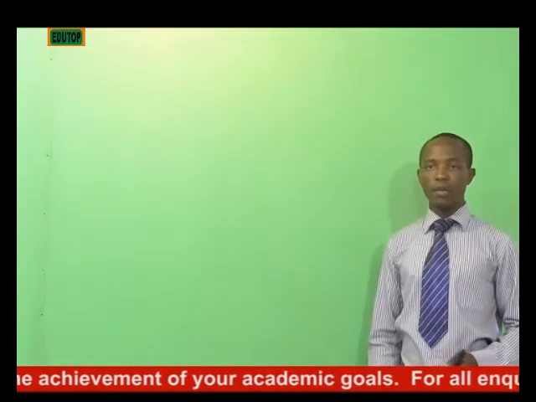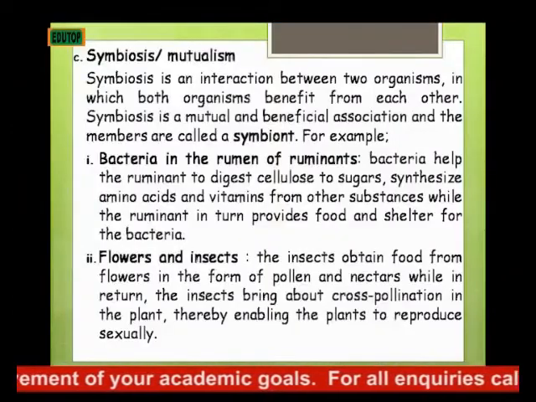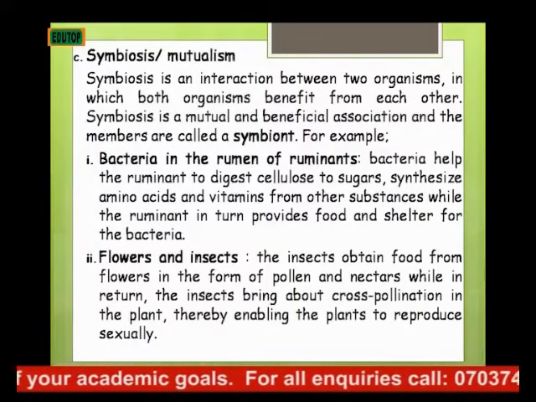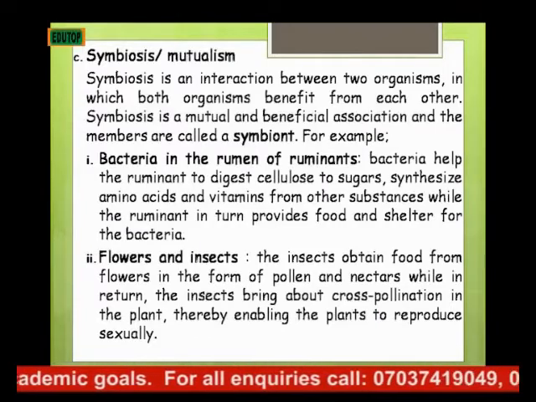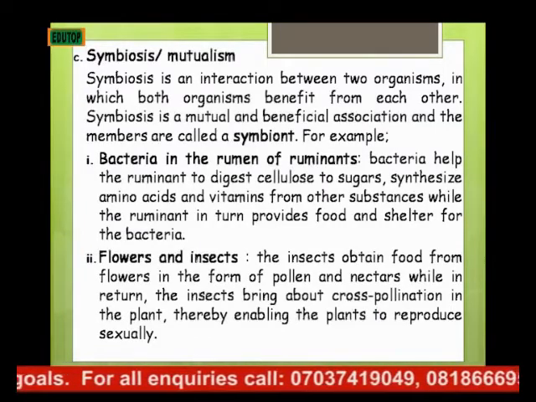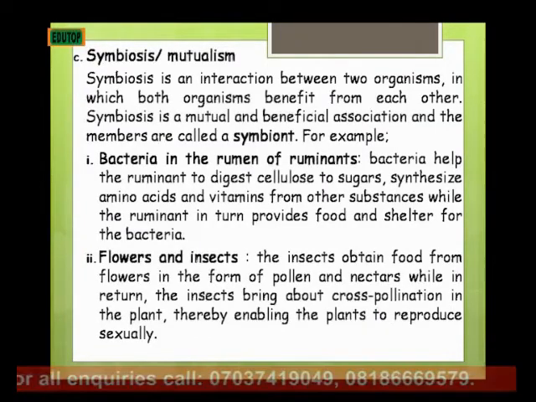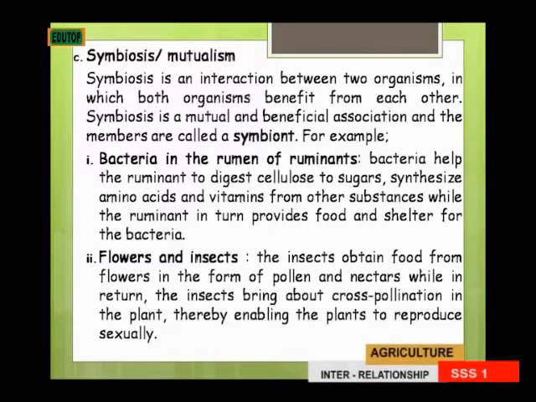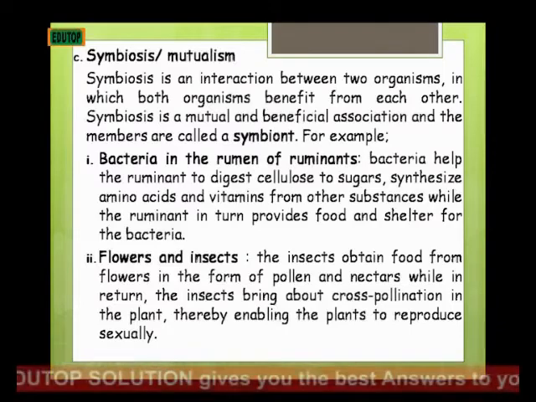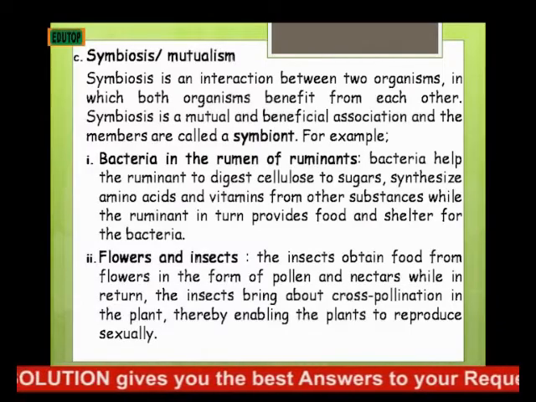Then the next example is flowers and insects. The insect obtains food in the form of pollen grains and nectar, while in return the insect brings about cross-pollination in the plant, thereby enabling the plant to reproduce sexually.